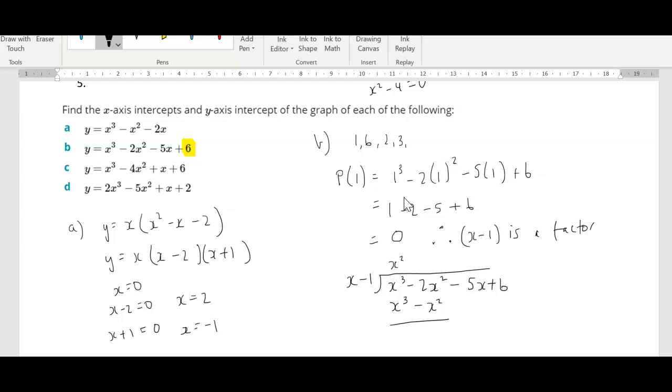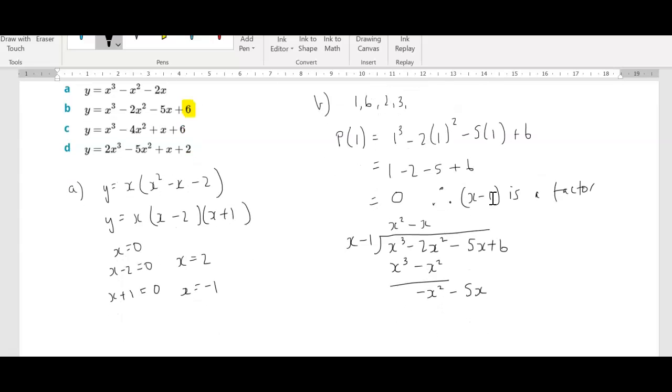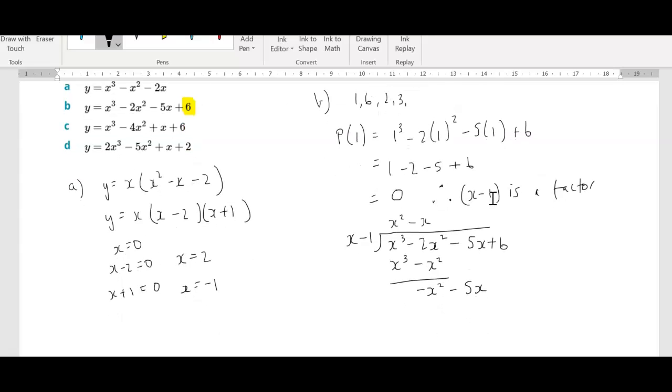So we're going to subtract them. So -2x squared minus negative x squared is negative x squared, and then minus 5x. So it's minus x. Negative x times -1 is positive.